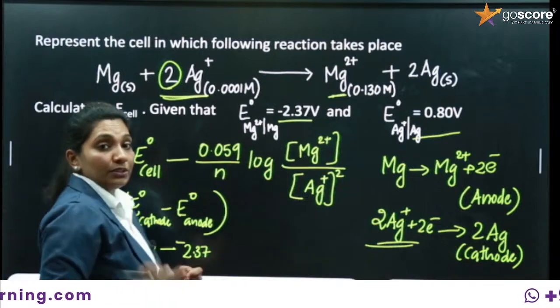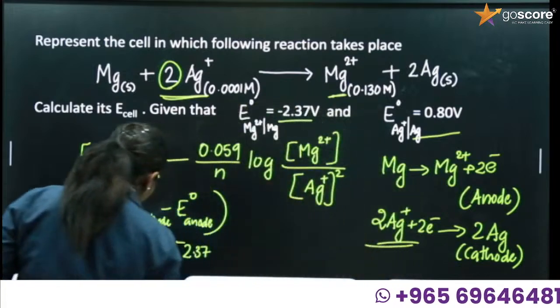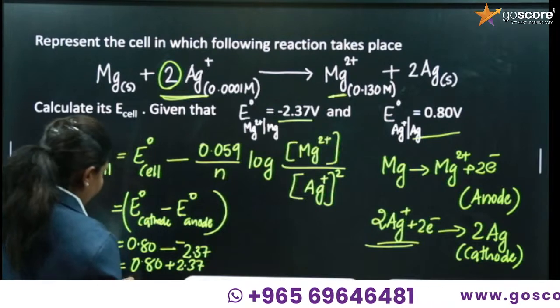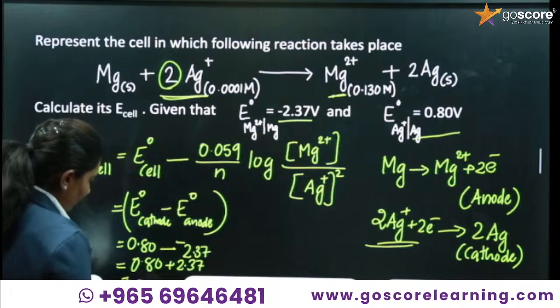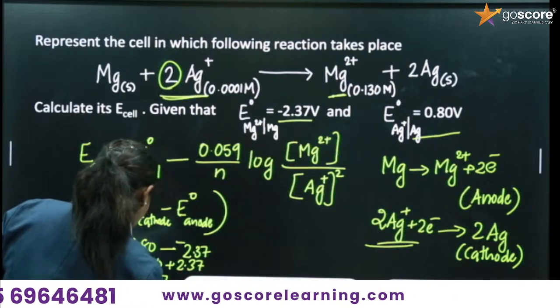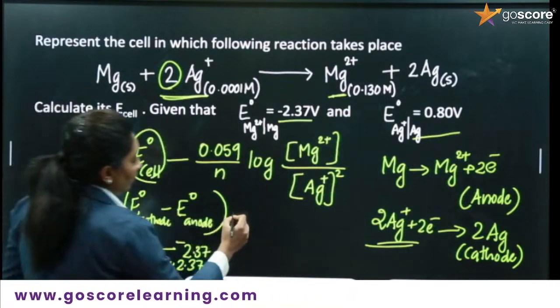So what you will get here, 0.80 plus 2.37, that will be your E0 cell value. That means 3.17 volt will be the E0 cell value.